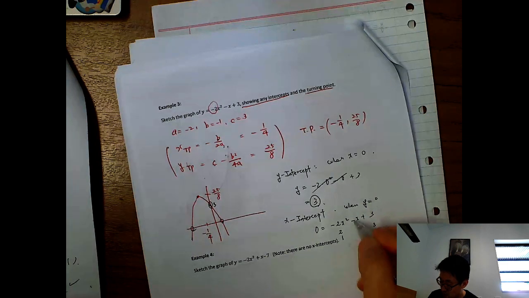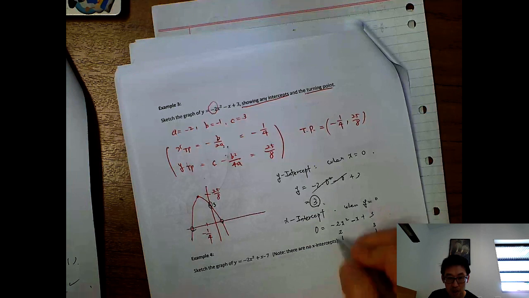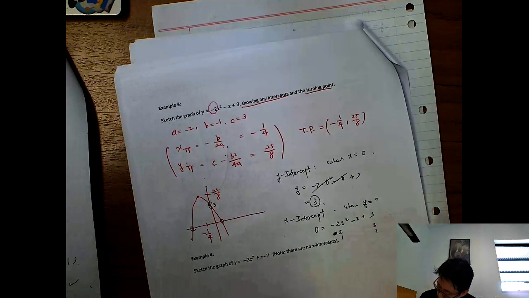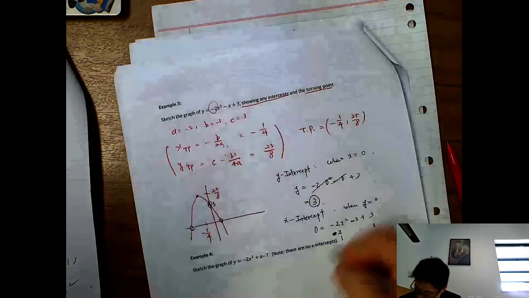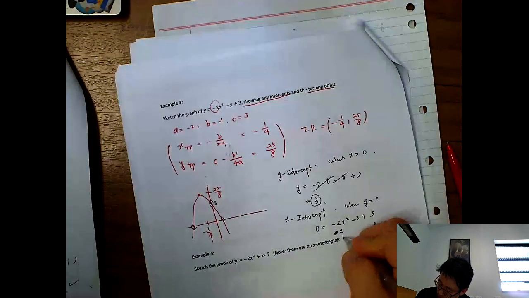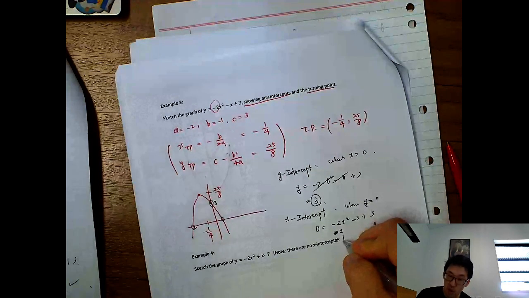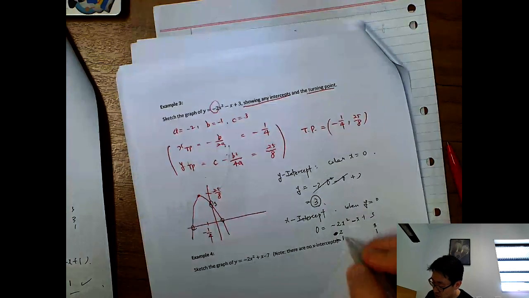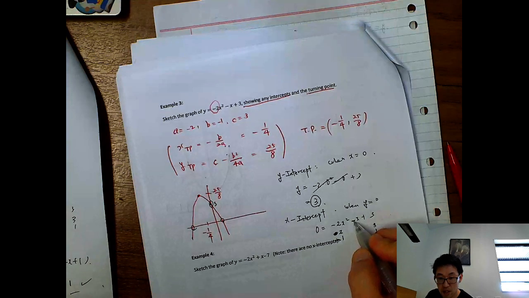However, when you cross multiply, I have to put the negative on the bigger number, so minus 3 plus 2, which is minus 1.